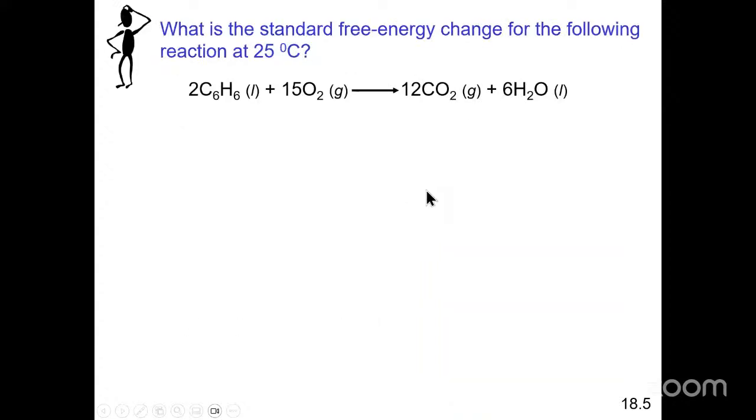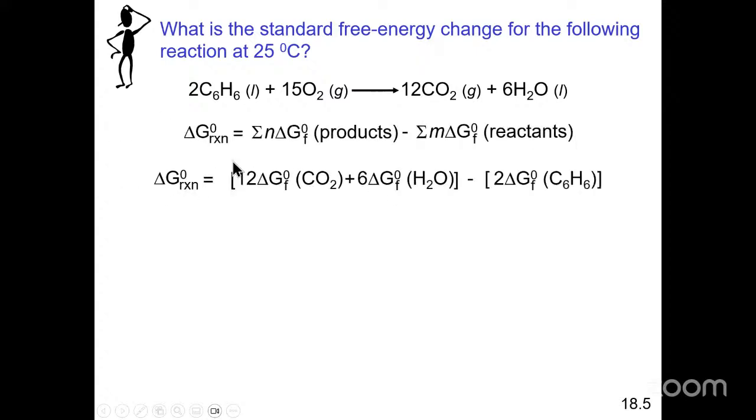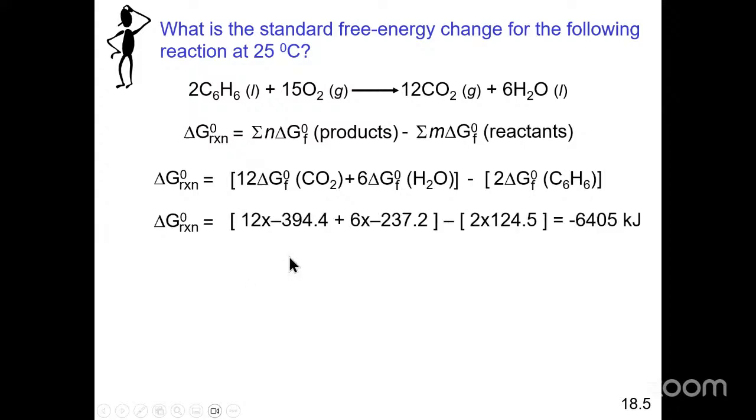Okay, so based on what we have just covered, you should be able to answer this question. They give you the balanced equation, and they're asking for the standard free energy change. So again, what you'd have to do is go to the tables and look up the values for the different substances. In the case of carbon dioxide, this is the value of the free energy of formation.